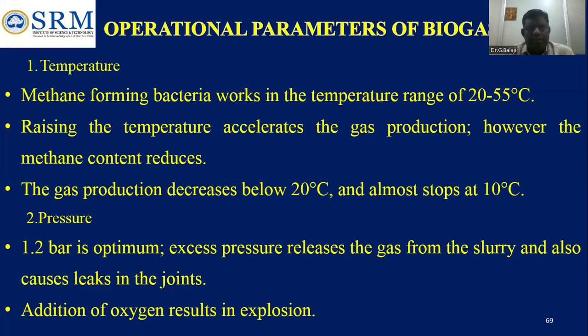That cow dung we utilize as a source in the biogas plant to produce biogas, and the gas will be used in place of LPG for cooking purposes and also for lighting purposes. So we'll see the operating parameters of this plant.